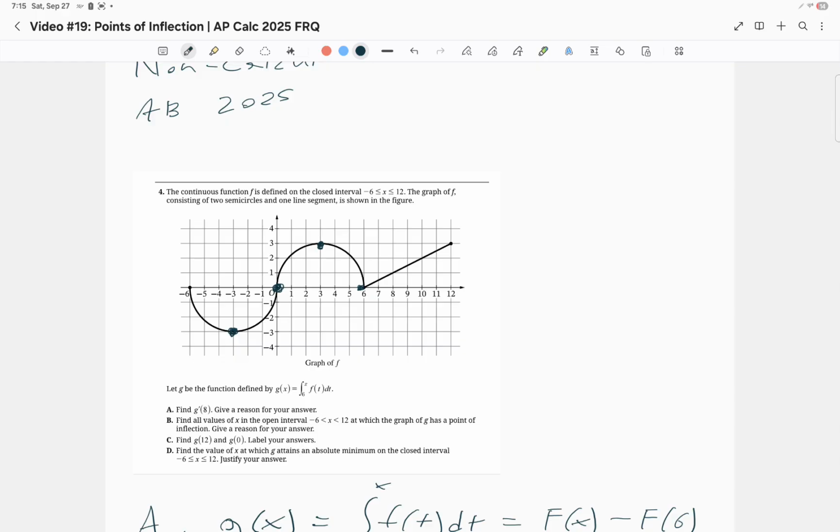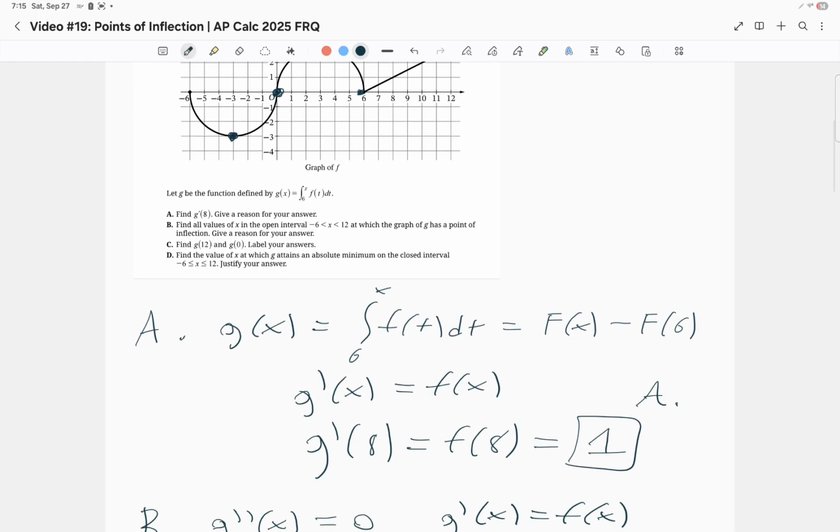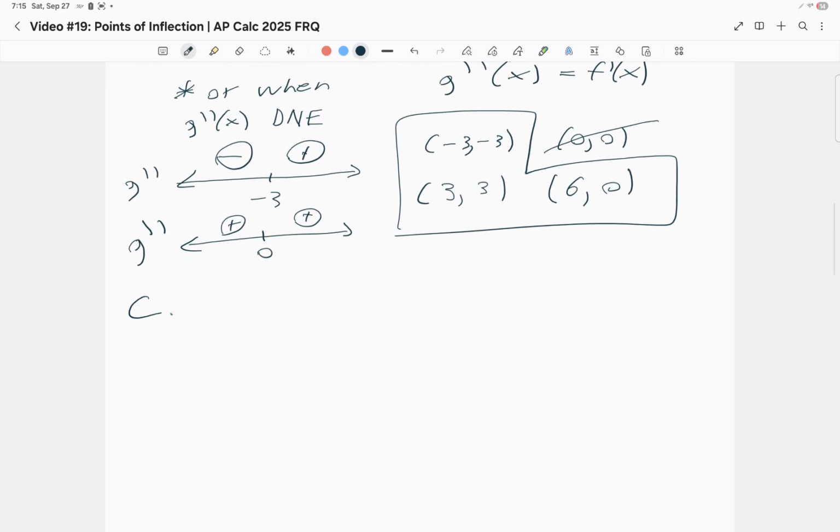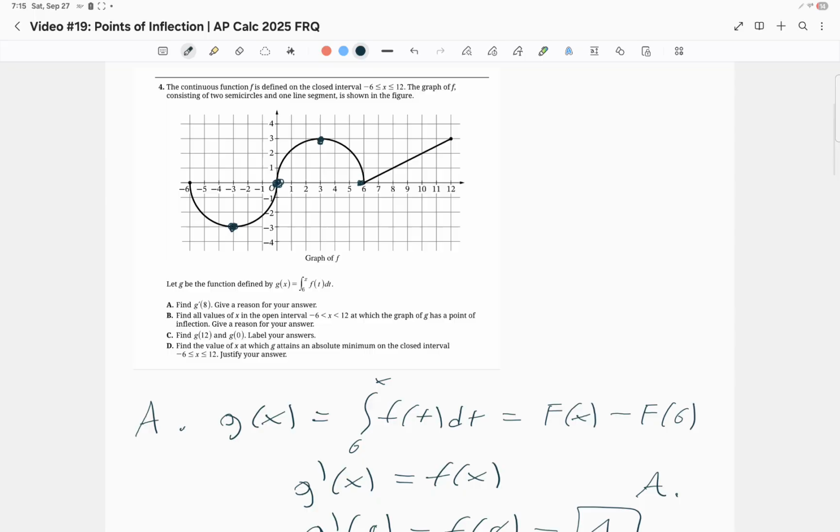And once we find the x values for which that criterion is met, then we check to see if the second derivative changes signs before and after that potential point of inflection, to determine if it is actually a point of inflection. So there you go. You probably knew that already, but I like to be as thorough as I can in these videos.